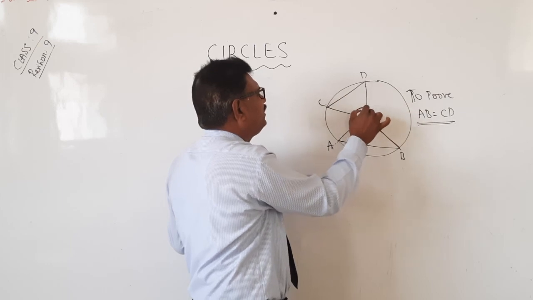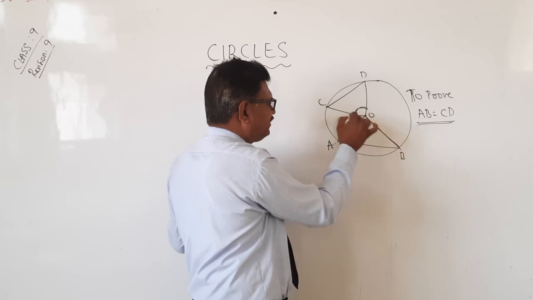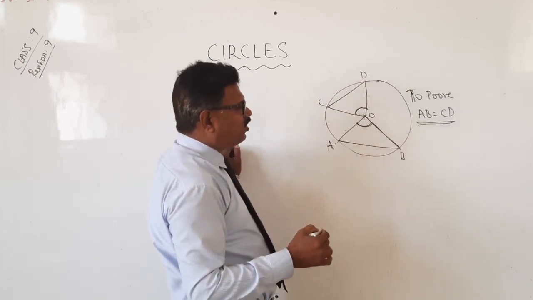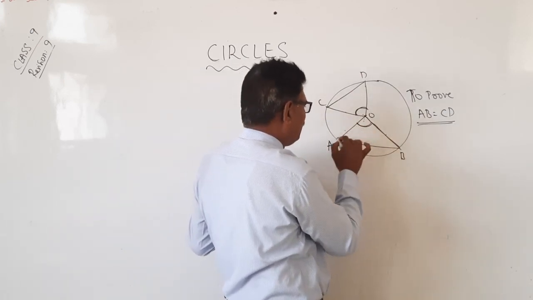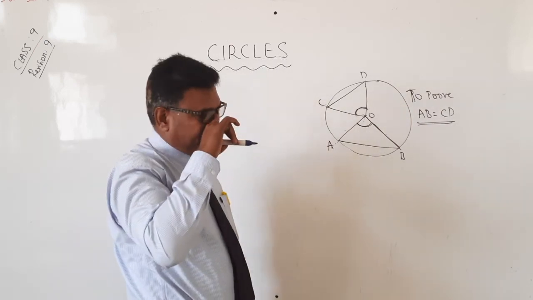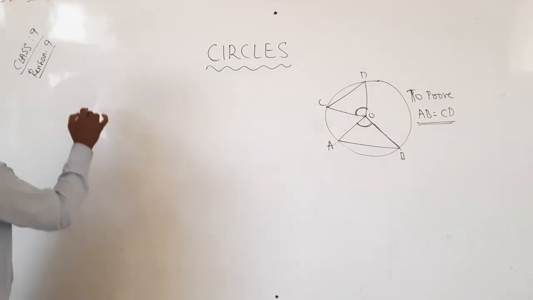Therefore, these two triangles are congruent by SAS. Congruent means corresponding sides and corresponding angles are equal. Therefore, AB will be equal to CD by CPCT. Understood? So you can prove it like this.